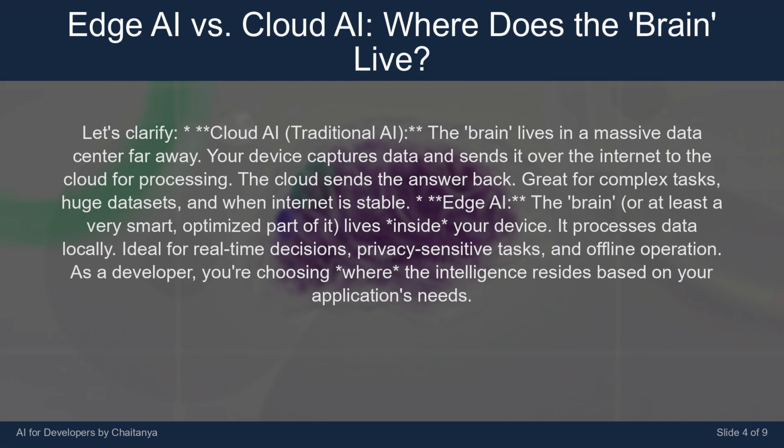Edge AI: the brain, or at least a very smart, optimized part of it, lives inside your device. It processes data locally, ideal for real-time decisions, privacy-sensitive tasks, and offline operation. As a developer, you're choosing where the intelligence resides based on your application's needs.